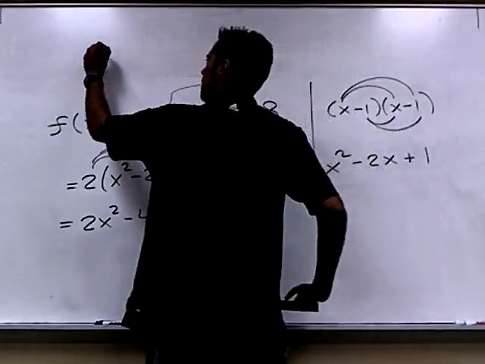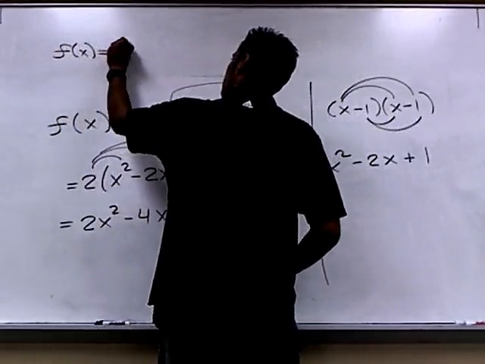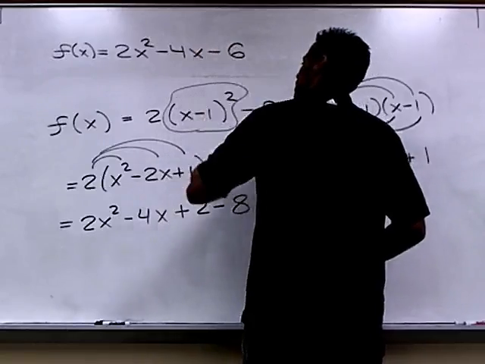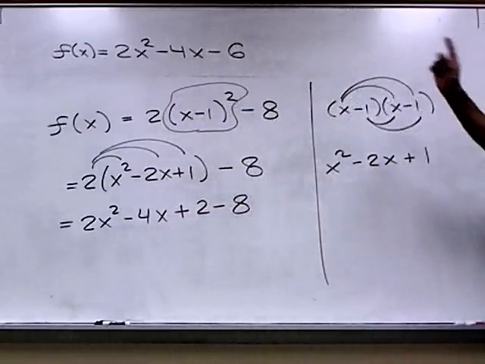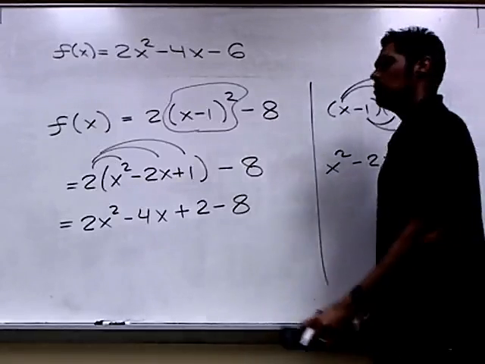So this would become f of x is equal to 2x squared minus 4x minus 6. So does that look like the general form of a quadratic now?